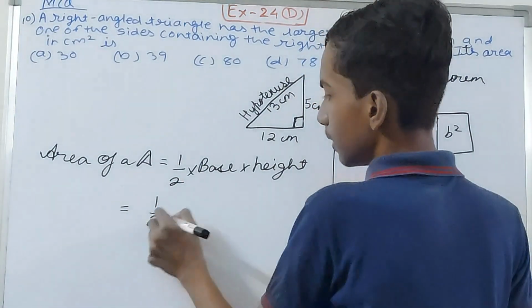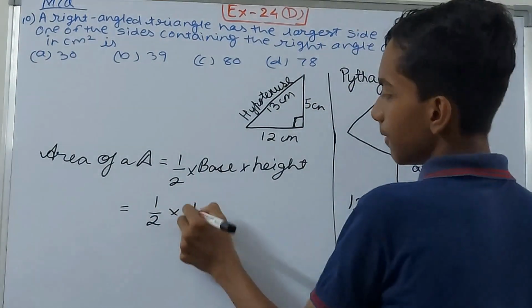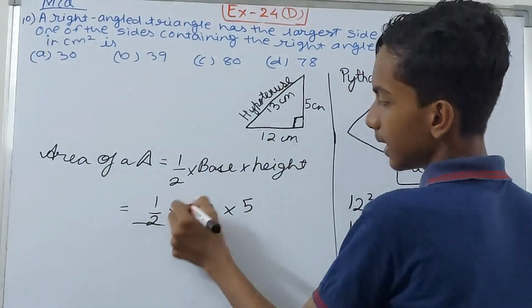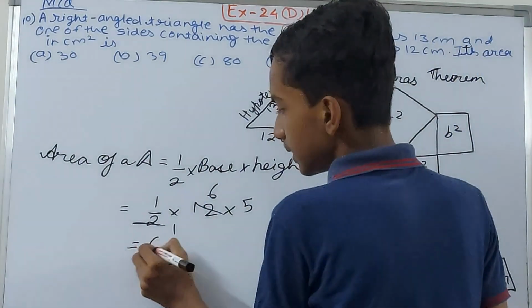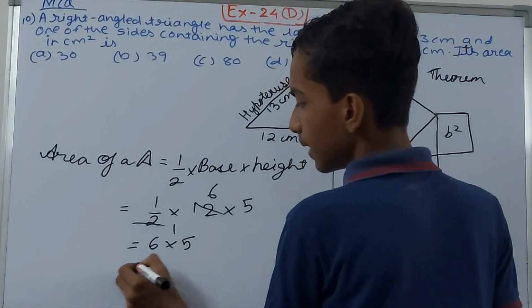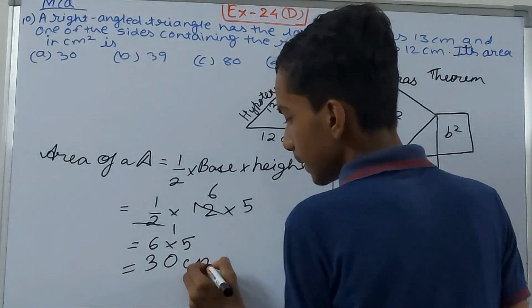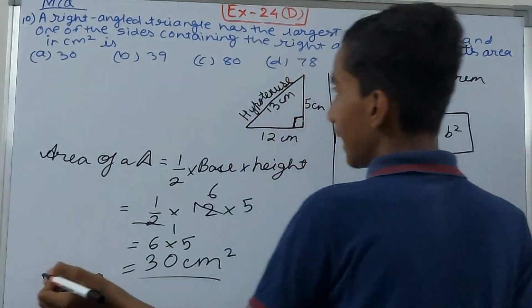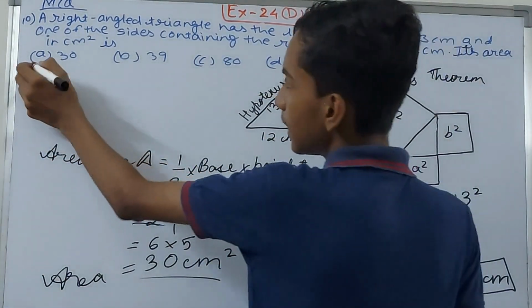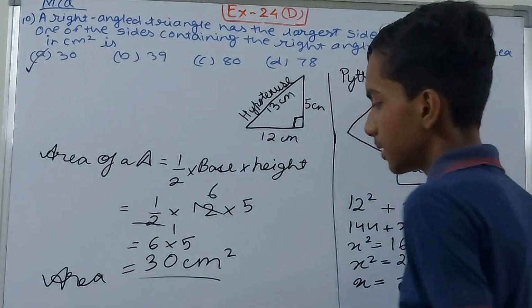So 1 by 2 into base 12 into height 5. Cancel this 1, and 12 goes 6 times. 6 into 5, that is what? 30 square centimeters. Fine. This becomes our area, and this is an MCQ question, so take option A, which is 30. Fine. So take option A.